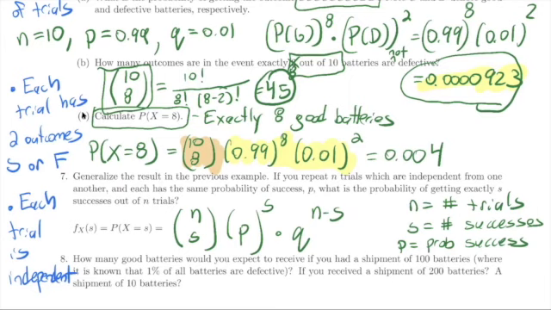S denotes how many successes we are looking for. In this case, N was 10, and we wanted to know how likely we are to get exactly 8 successes. And P and Q denote the probabilities of success and failure.